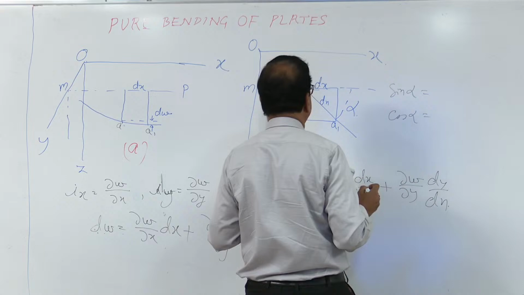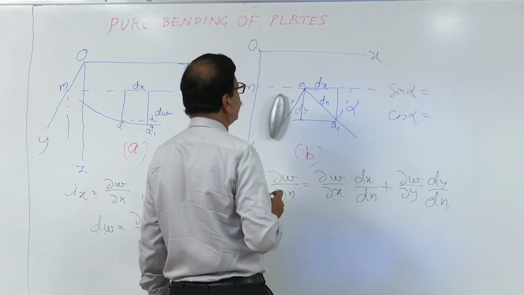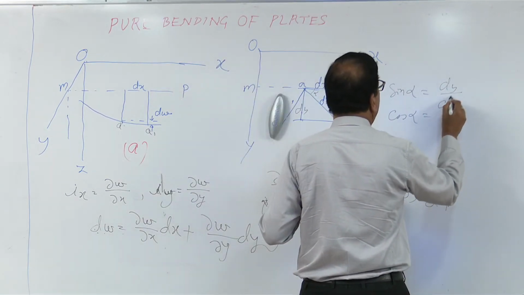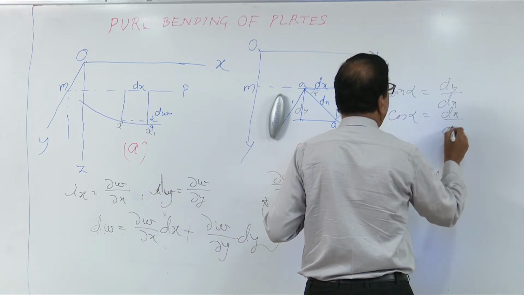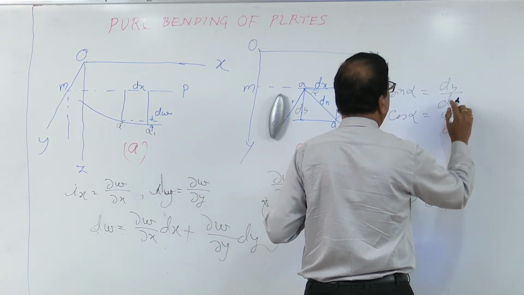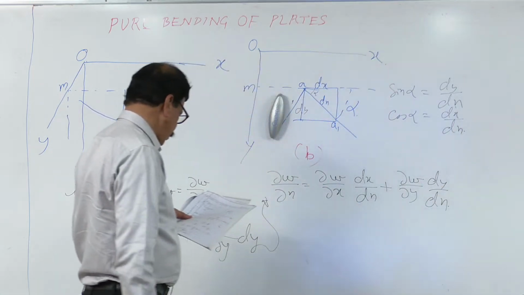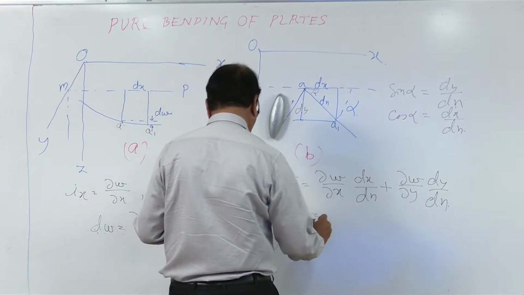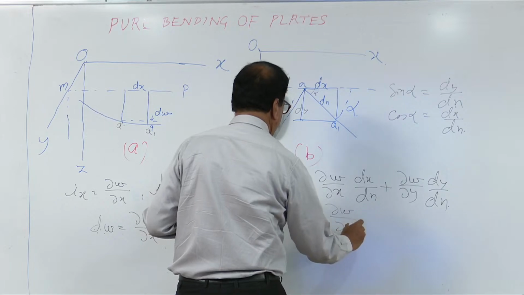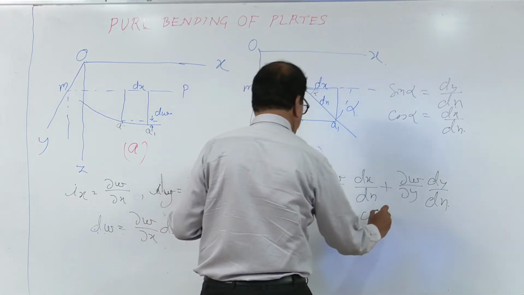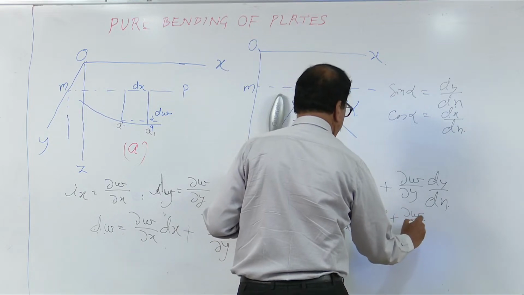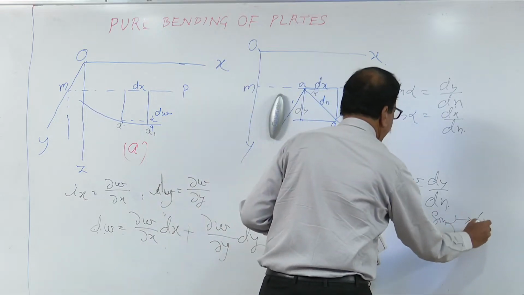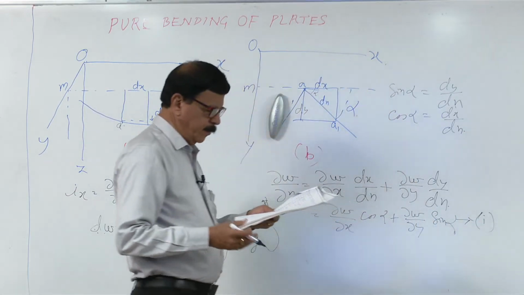Sin alpha dy upon dx, and this is dx upon. Put the value here. Equation number 1, for this purpose, small one you may write.